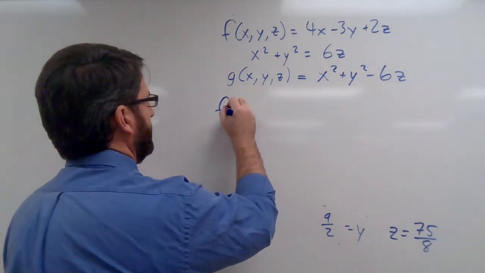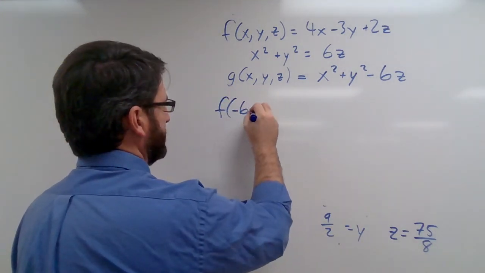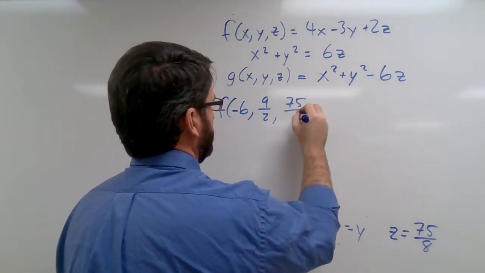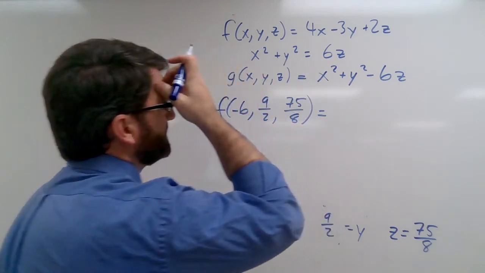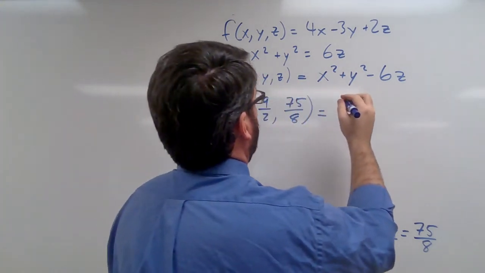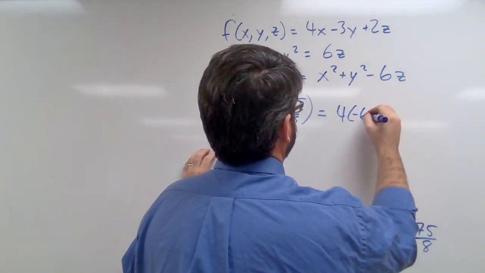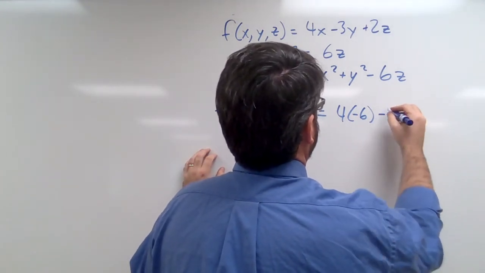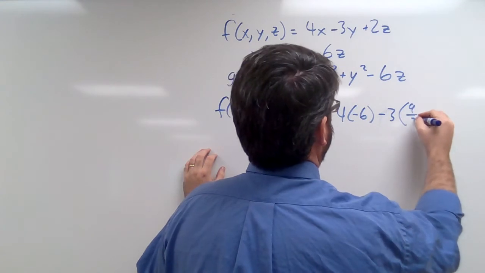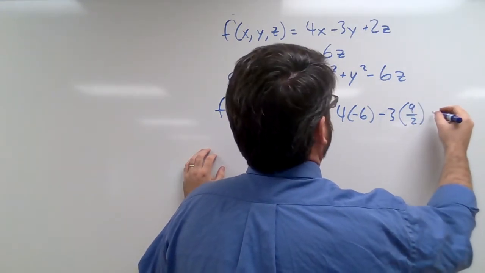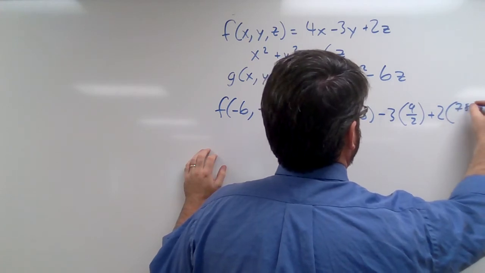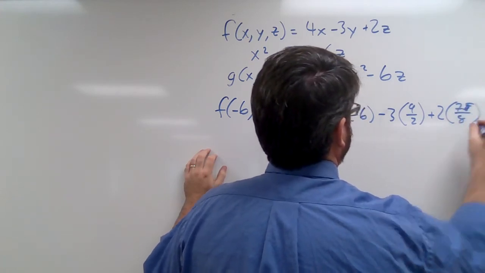So f of negative 6, 9/2, 75/8 is going to be, let's see, 4 times negative 6 minus 3 times 9/2 plus 2 times 75/8.